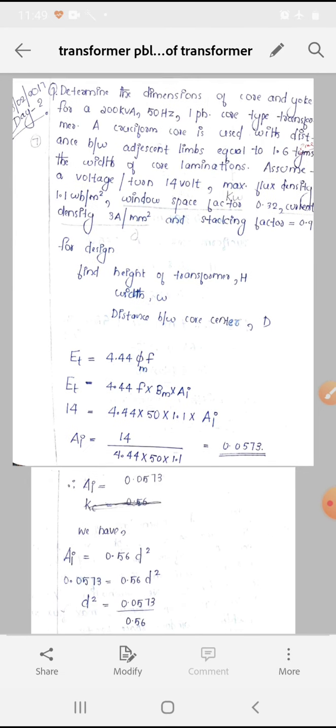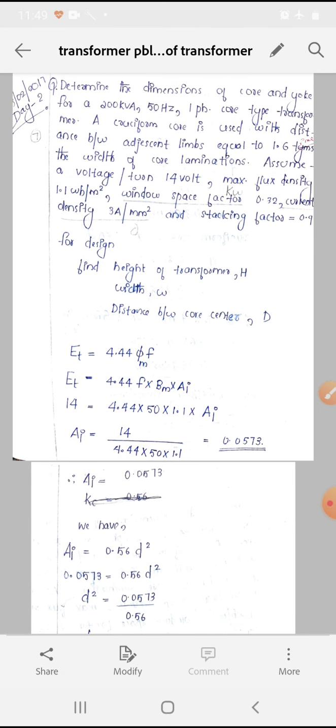First question is determine the dimensions of core and yoke for a 200 kVA 50 Hz single phase core type transformer. A cruciform core is used with distance between adjacent limbs equal to 1.6 times the width of core laminations.